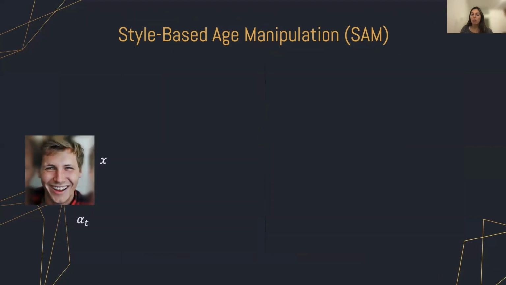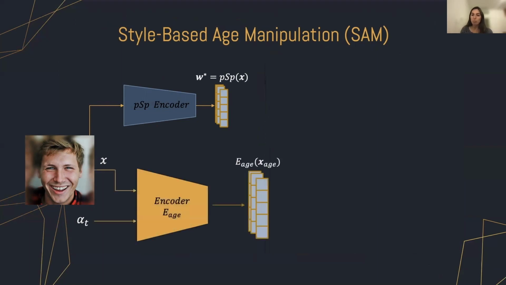With SAM, our proposed approach, we're going to start with a pre-trained PSP encoder to get our initial inversion of the input image. Now we're going to introduce another encoder called E_age, which gets as input our image x and the desired target age alpha_t. This encoder E_age is tasked with outputting some latent representation, encoding the input image and the desired age.